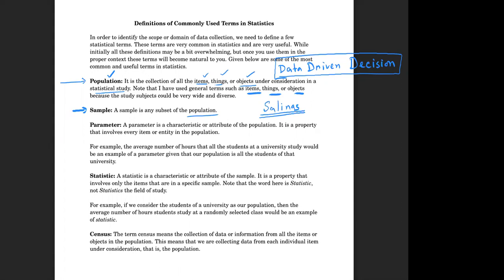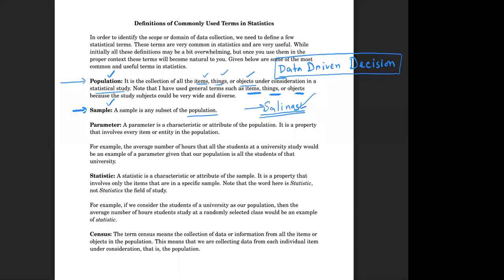However, from that population, if I randomly select 1,000 people, that would be an example of a sample, because those 1,000 people came from the collection of people that live in Salinas. It is a subset. It is a smaller set. When I say subset, subset means part of something, part of a bigger thing. It is a subset or part of a bigger thing, in this case, the population. So it is a sample.